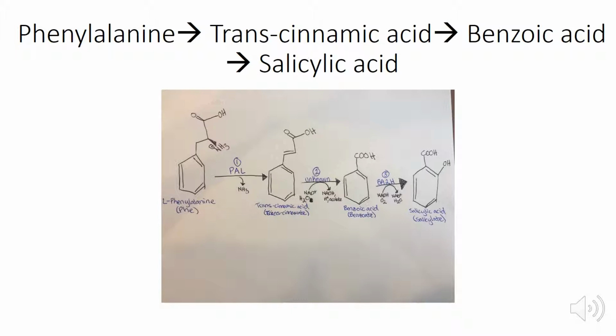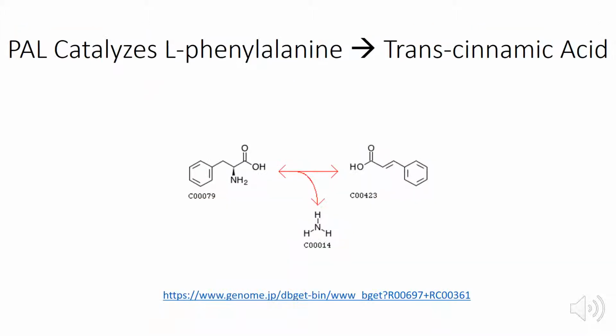And then it goes from benzoic acid to salicylic acid by BA2H. Next we're going to show you the mechanisms of how the first two get converted. This shows you what we are losing in the reaction from phenylalanine to trans-cinnamate.